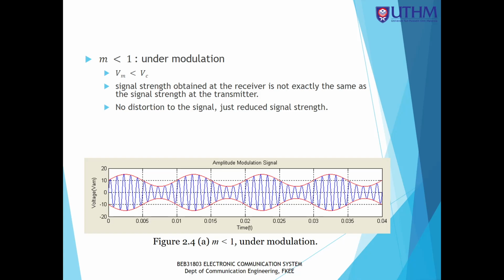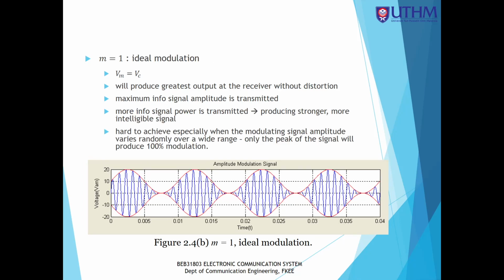For ideal modulation, M equal to 1, this is when Vm equals Vc. This will produce the greatest output at the receiver without distortion. Maximum information signal amplitude will be transmitted. More information signal power is transmitted, producing a stronger, more intelligible signal.